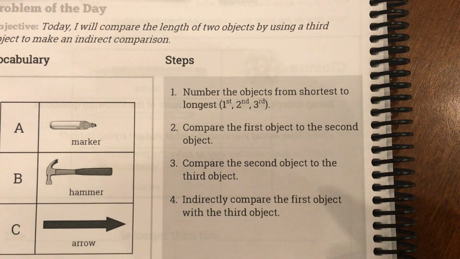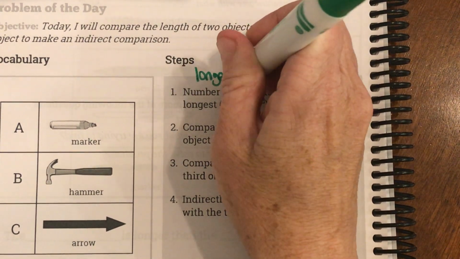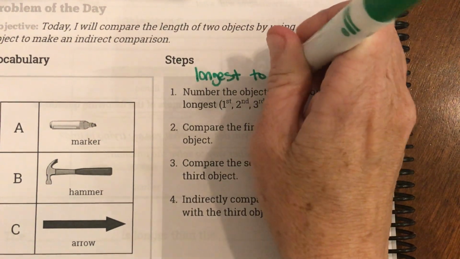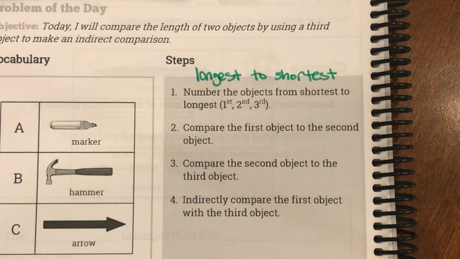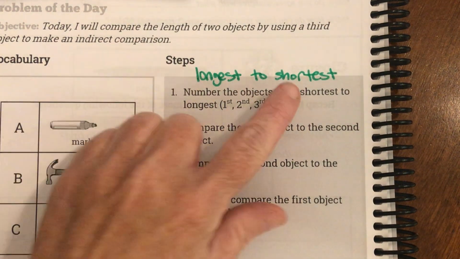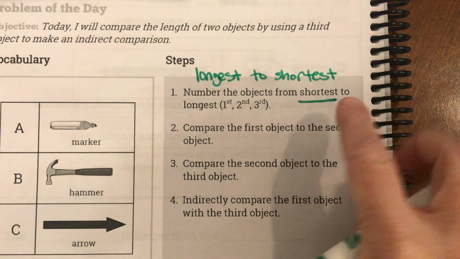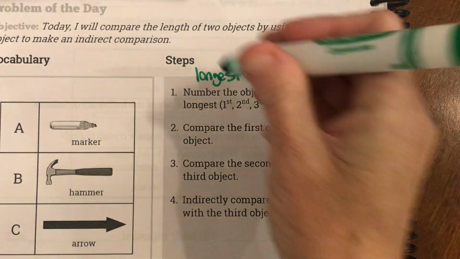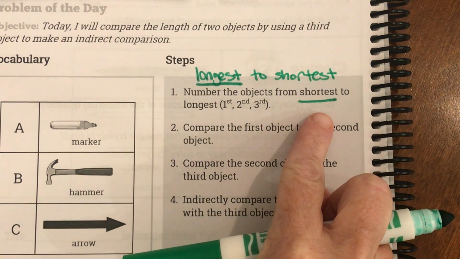Sometimes we're going to do longest to shortest. And we're going to know if we do longest to shortest or shortest to longest when we look at what the problem's asking us. So if the problem's asking us about short, then we're going to do shortest to longest. But if the problem's asking us about which one's longer, then we're going to do longest to shortest.